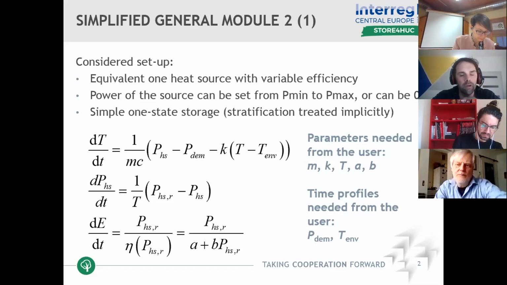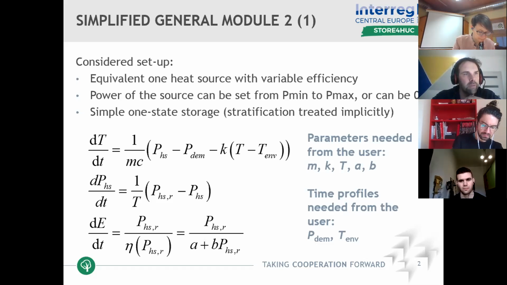It depends on the type of the heat source. And this is something that is usually provided in the manuals and data sheets of the heat sources. So this data, how the efficiency of the heat source changes with respect to its power engagement, exists, and it is one of the basic technical parameters for the storage.